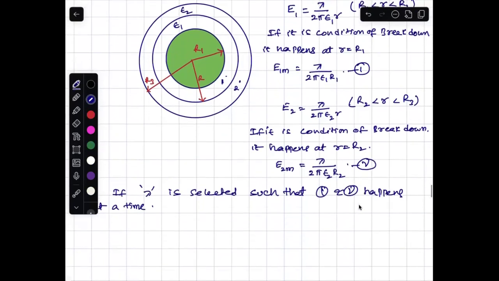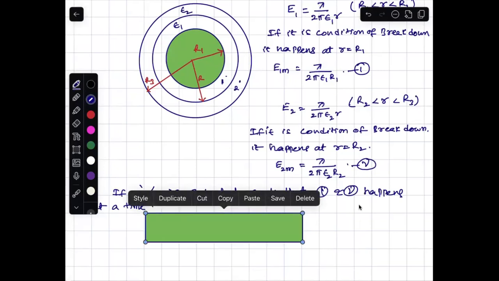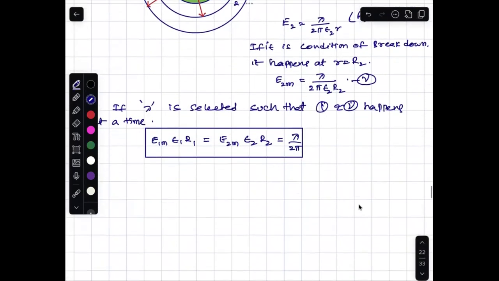So therefore, E1m epsilon 1 R1 is equal to E2m epsilon 2 R2 is equal to lambda by 2 pi. This is the condition. If this condition is satisfied, breakdown happens in both the region at a time.